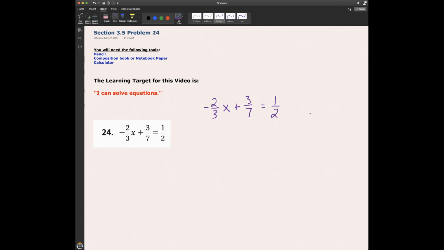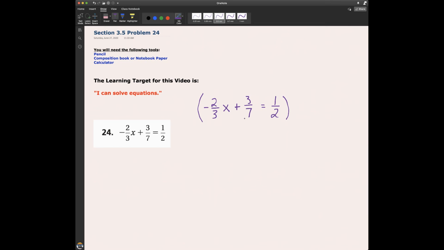So what I want to do is multiply this by the least common denominator. And what do you think that least common denominator would be? So I have 3, 7, and 2. It turns out that the least common denominator is 42. All right.